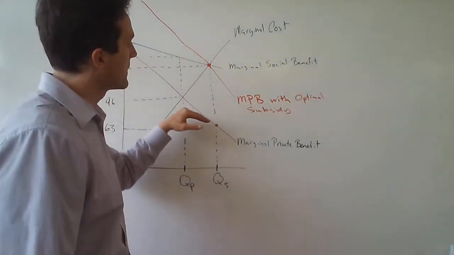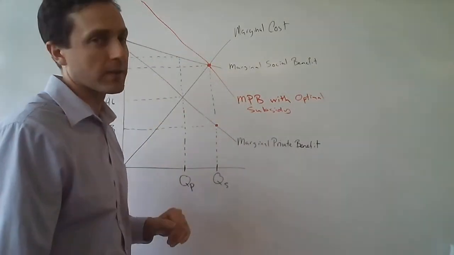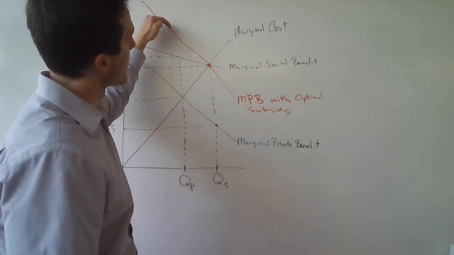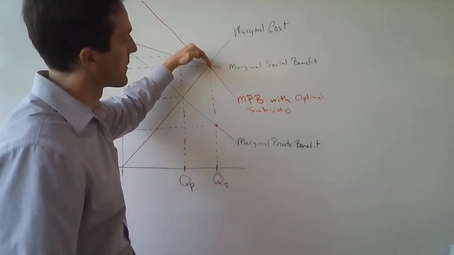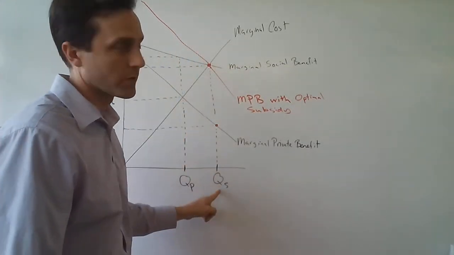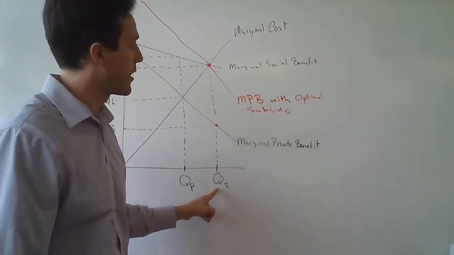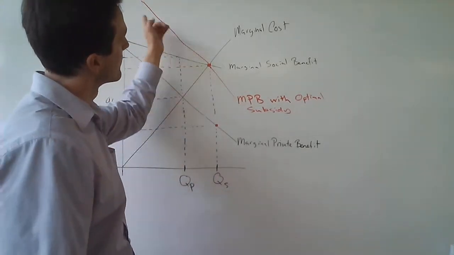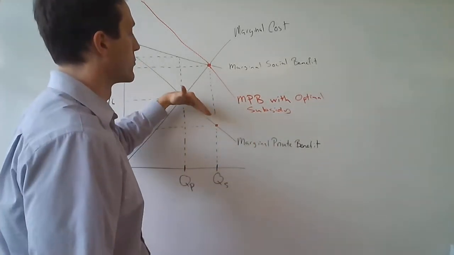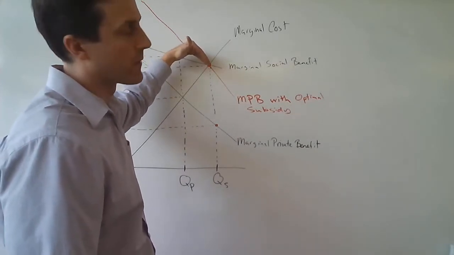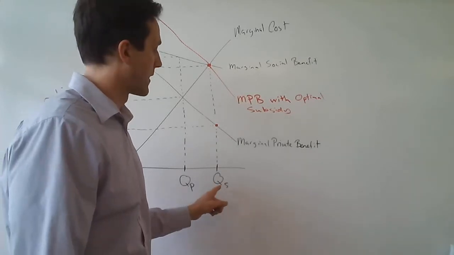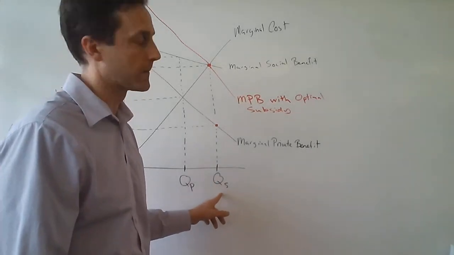The idea is to raise the marginal private benefit through the subsidy high enough that the marginal private benefit with the subsidy is equal to the marginal cost at the socially optimal level of output. This red line is the marginal private benefit with the optimal subsidy, because it raises the marginal private benefit enough to induce people to want to produce and consume this level of output.